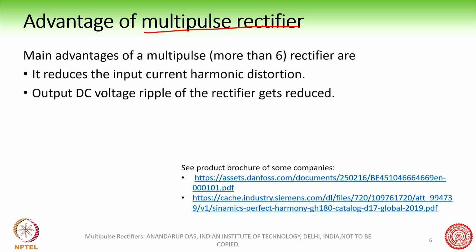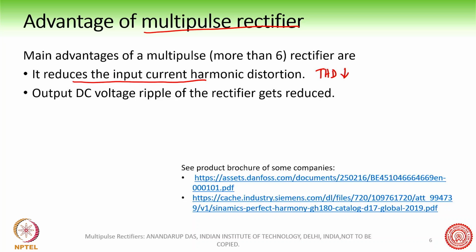Okay, so what is the main advantage of a multipulse rectifier? Number one is that it improves the input current harmonic distortion, which means that the THD will go down. That is one advantage on the input side.